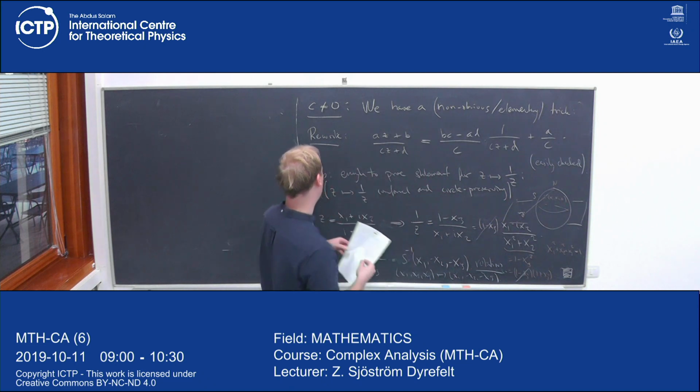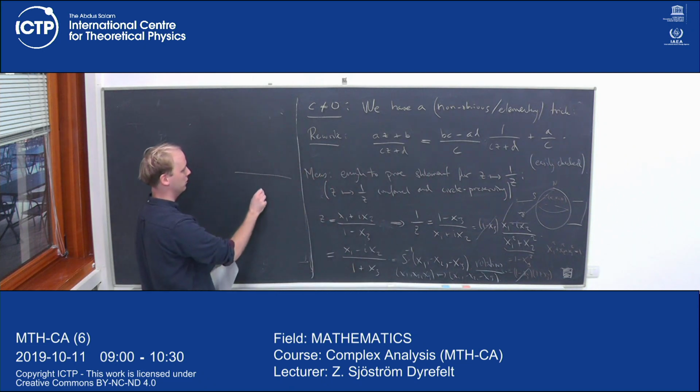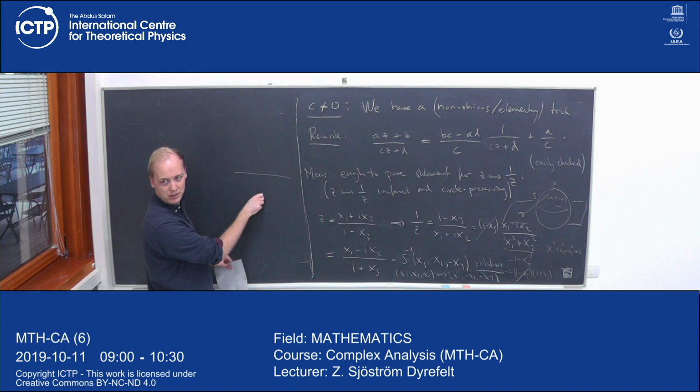If you have a line here, and you go from here to here, the same distance? That's a 180-degree rotation around that line. Yes, it's a rotation of 180 degrees.